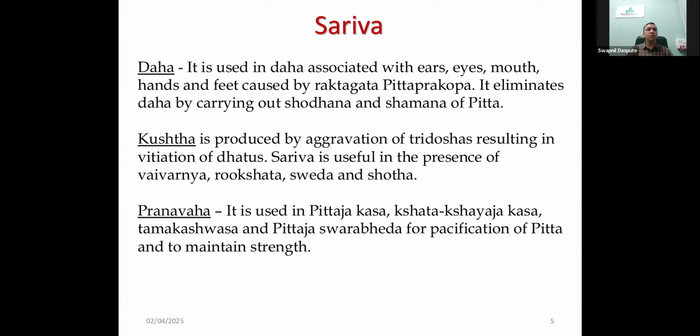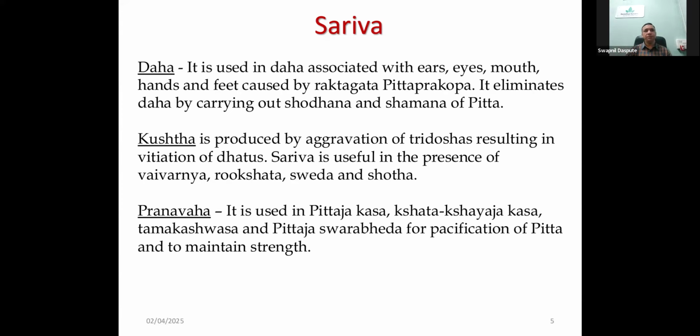Pranavaha Srotas, it is used in Pittaja Kasa, Kshata Kshayaja Kasa. Kshata is trauma, Kshaya is depletion. So the depletion of the dhatus, Kshayaja Kasa, we have seen the types of Kasa when we studied it. So Sariva is used in Pittaja Kasa, Kshayaja, Kshataja Kasa.